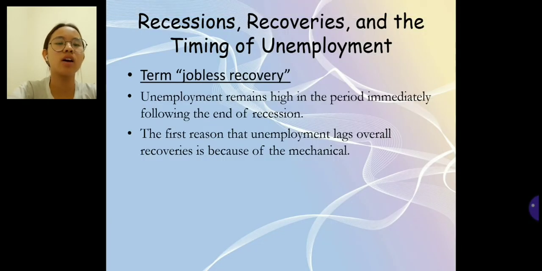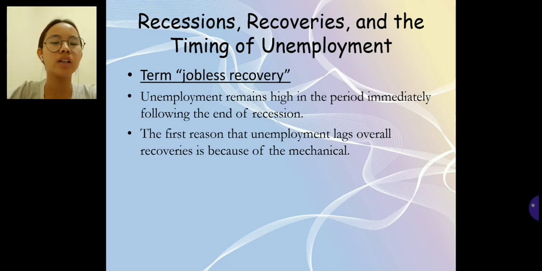So next, the recession, recoveries, and the timing of unemployment. The term jobless recovery here means that when the recession starts to recover, it is a jobless recovery, and unemployment remains high in the period immediately following the end of the recession.